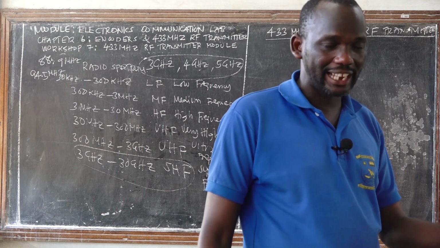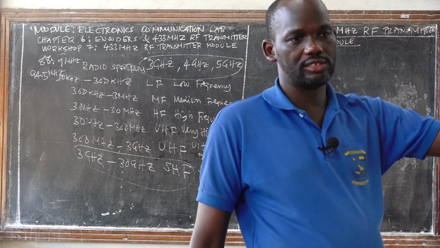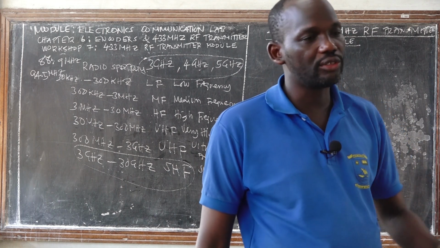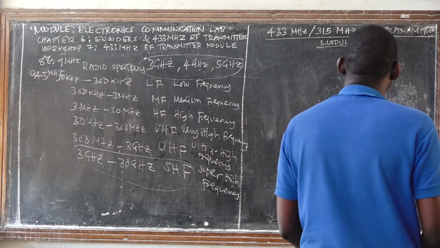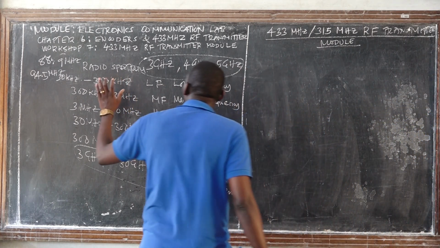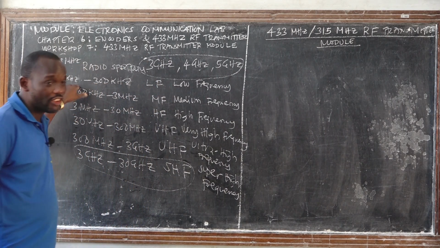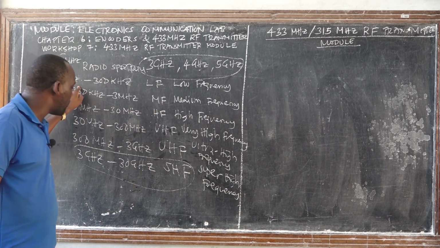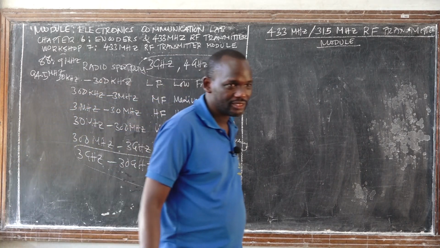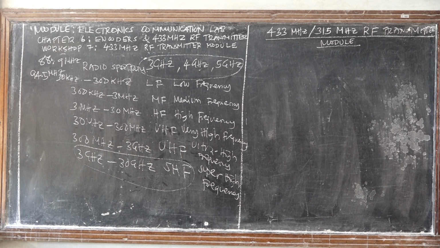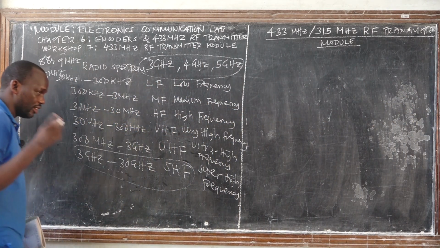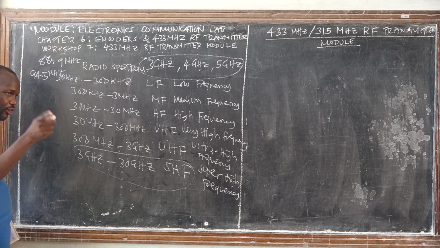But remember that the lower the frequency, the longer the distance. The higher the frequency, the what? For instance, if you have a transmitter operating at 3 kilohertz and a transmitter operating at 30 gigahertz, which one will cover the long distance? My students, we taught you this concept in physics, the first topic of Physics Form 4.